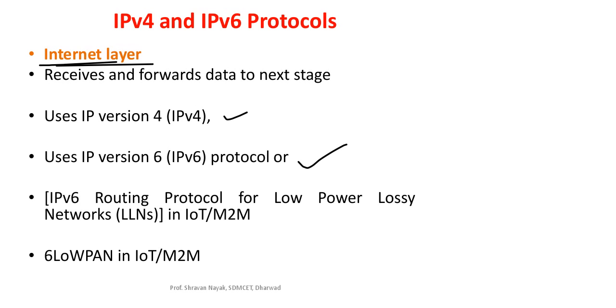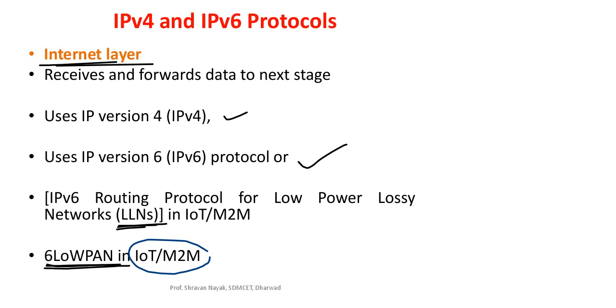So this is another protocol, and you have got one more protocol in your internet layer that is called 6LoWPAN, and this is specifically for your IoT and machine to machine communication, right? So 6 low power wireless personal area network, this is another protocol which we generally come across in our IoT scenario, right? So now we will see about these things.